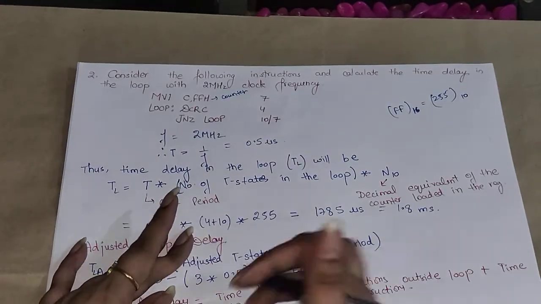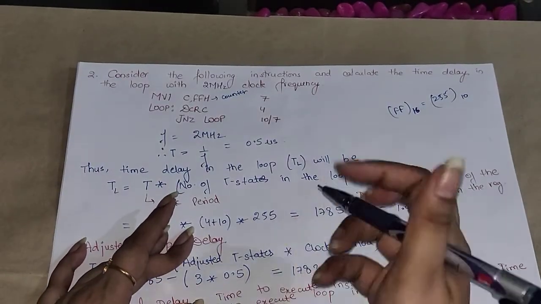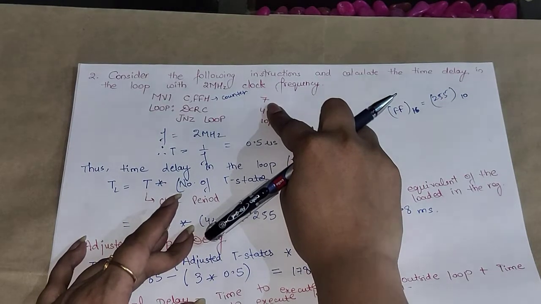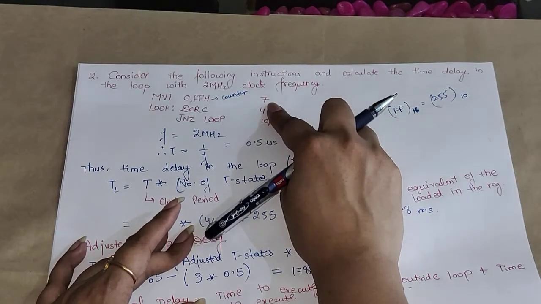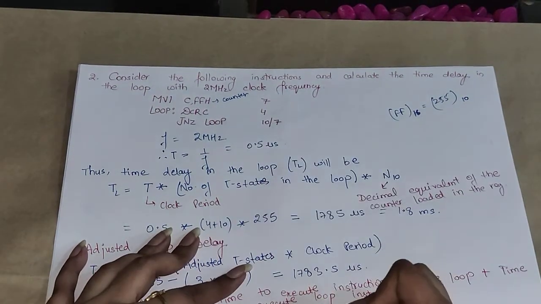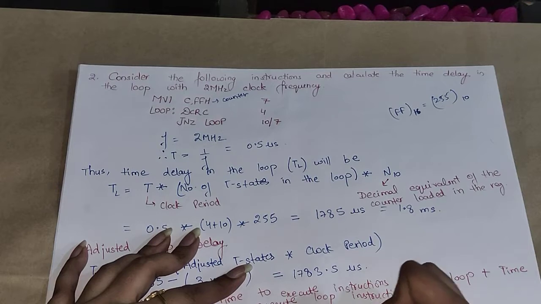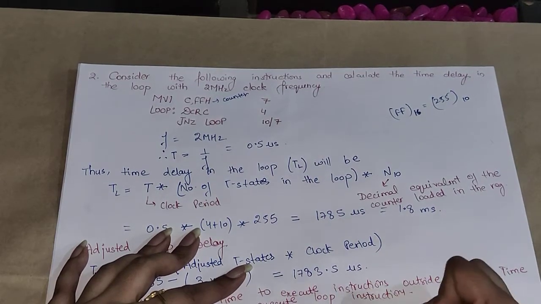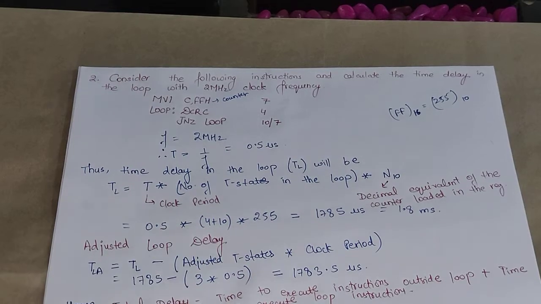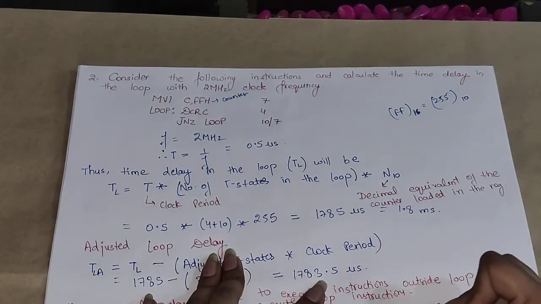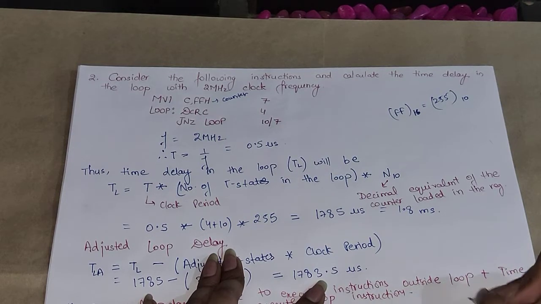Time outside the loop is the number of T states outside the loop. How many T states are required outside the loop? 7. So 7 into clock period 0.5 plus TLA, the adjusted time delay, 1783.5.